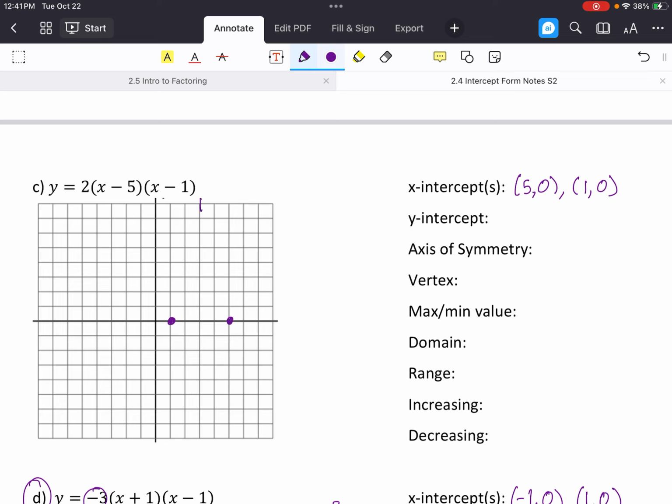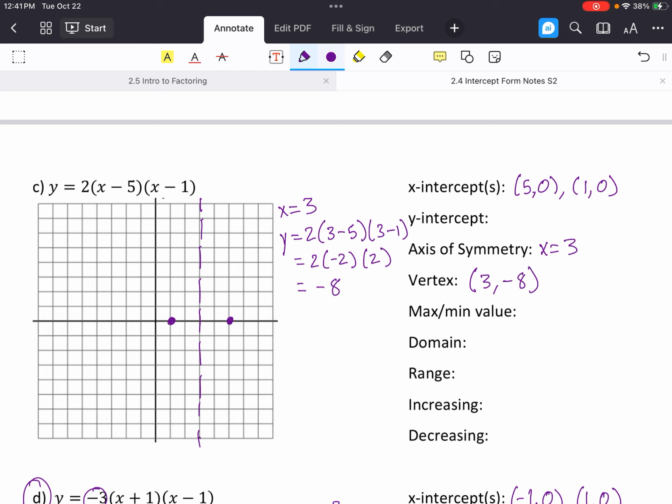Okay, my axis of symmetry is at 3. So I'm going to take 3 and I'm going to plug it into the equation. So I get 2 times -2 and +2. Multiply all that together, we get -8. So my vertex is at 3, -8. We can go ahead and plot that.